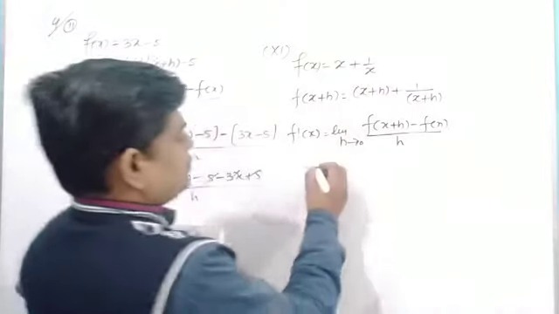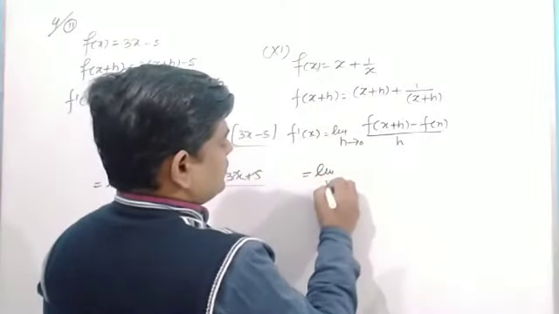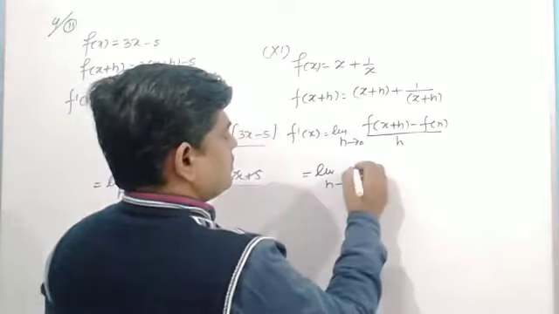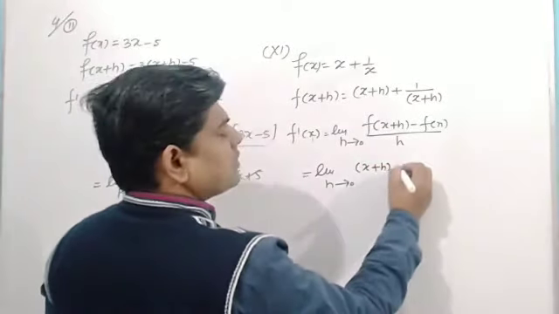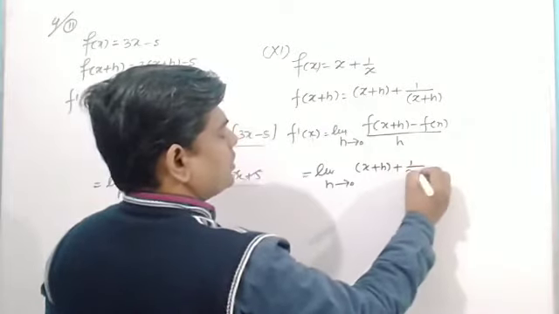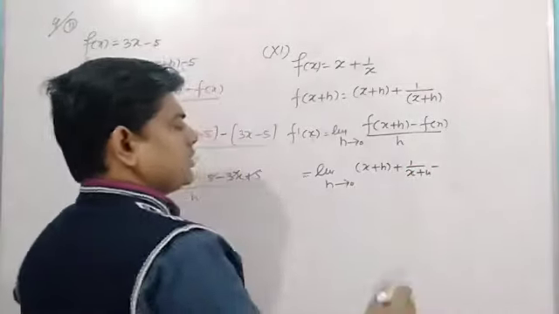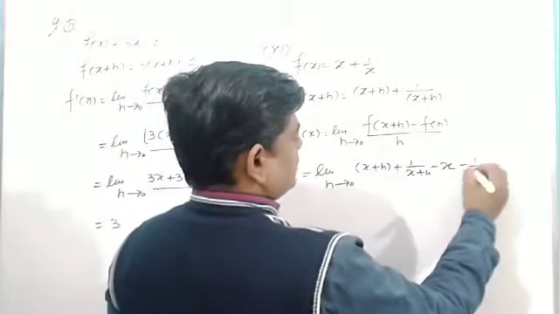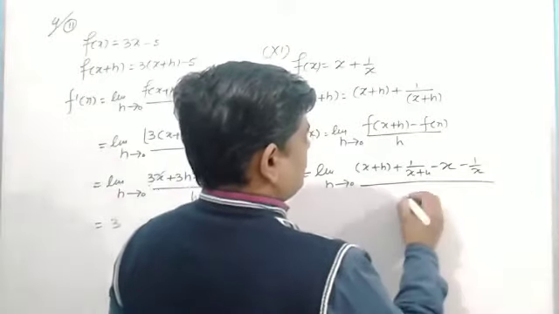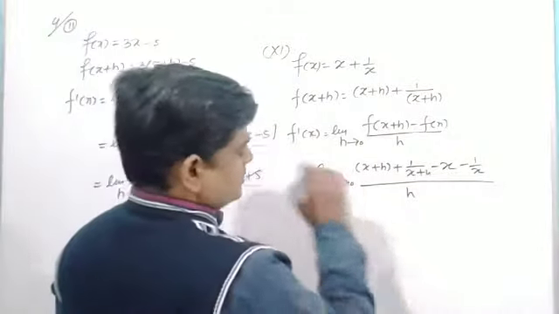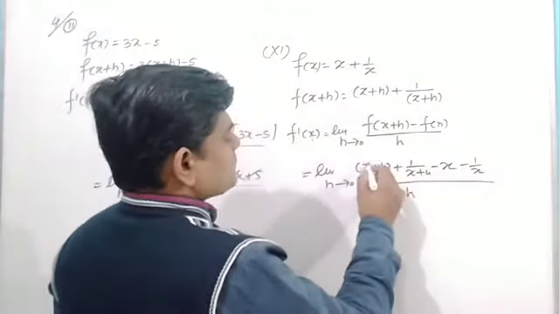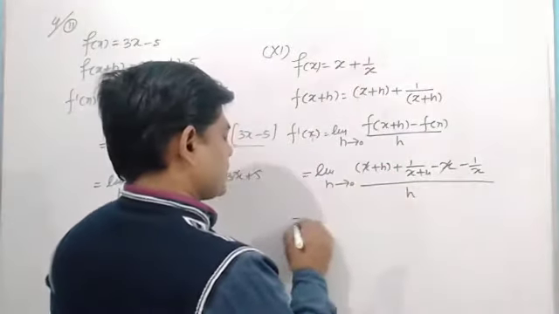When I substitute the value of this one, x plus h plus 1 upon x plus h, minus x and minus 1 upon x, this is h. Do you know, my dear students, I may write x and x can be cancelled.